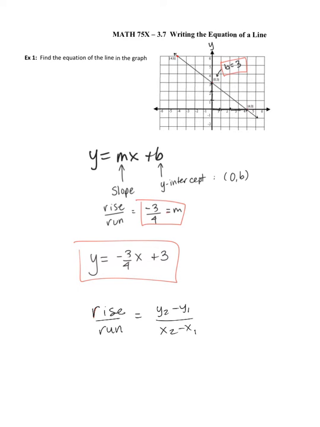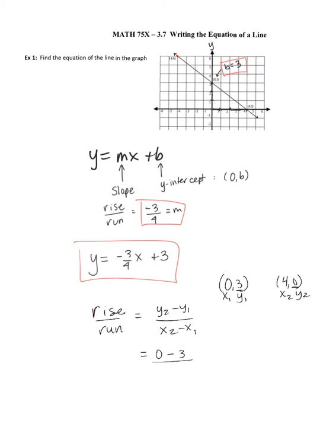In this case, we could take 2 of these points. One of the points was that (0, 3), our y-intercept, and the other point we could use is (4, 0). For the first point, we have an x and a y, and for the second point, we have an x and a y. We can plug these numbers in. I would take the y2 value, that's 0, minus the y1 value, which is 3.